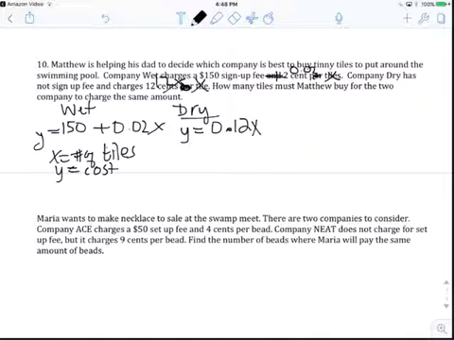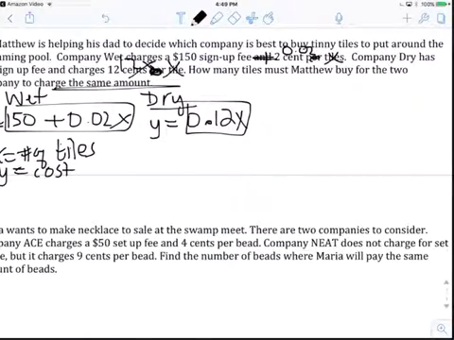And how many tiles must Matthew buy for the two companies to charge the same? So for them to charge the same, you need to make this equal to this. That's this one equals this one.